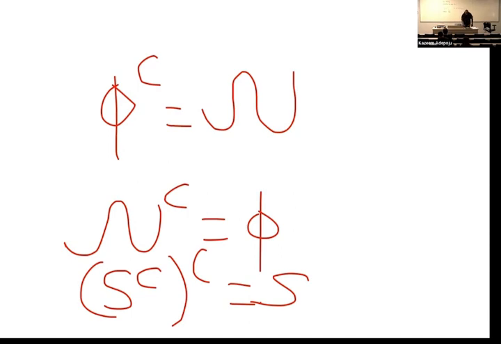So the first one is trying to say the complement of the emptiness is the universal set. The second one is saying the complement of the universal set is the emptiness. So the understanding now is that the universal set does not contain emptiness, because if it did, this would be a violation.